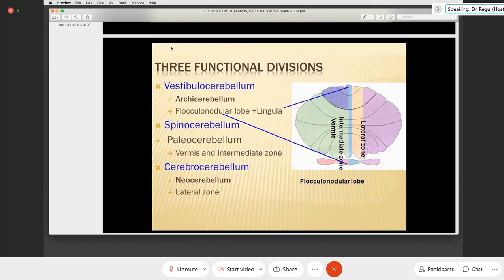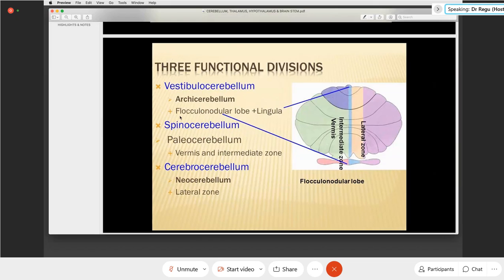So part of the cerebellum, the floccular-nodular lobe, and the central part of the cerebellum are collectively also known as the vestibulocerebellum. And as the name suggests, the vestibule is the organ within our ear that is important in balance. Hence, this part of the cerebellum is particularly involved in the maintenance of our posture and balance.